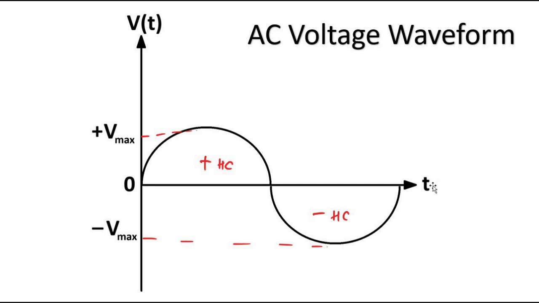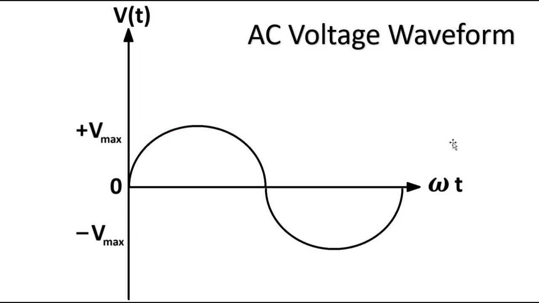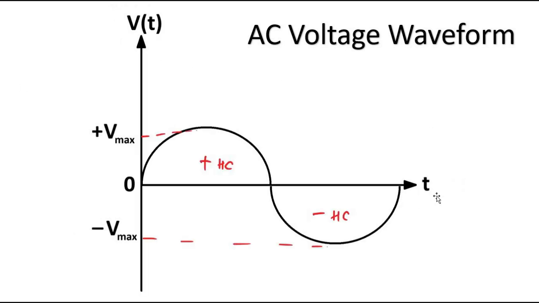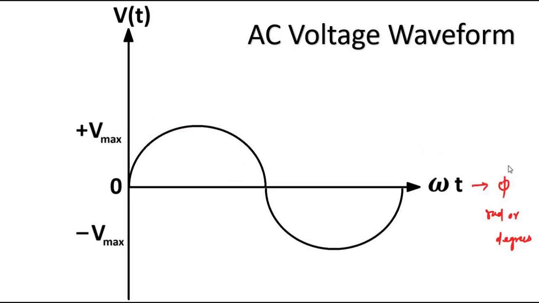In some cases you will find omega t, where omega t represents the phase angle, which is expressed either in radians or degrees.